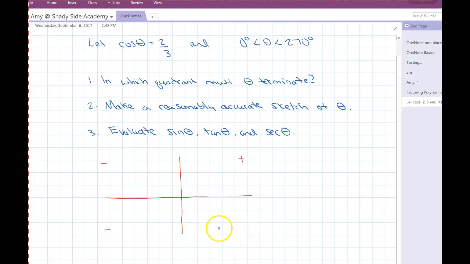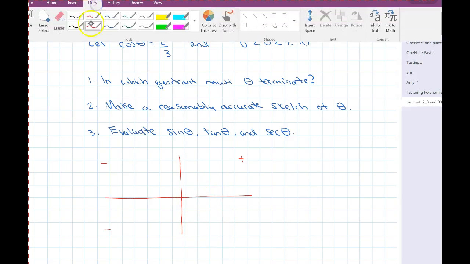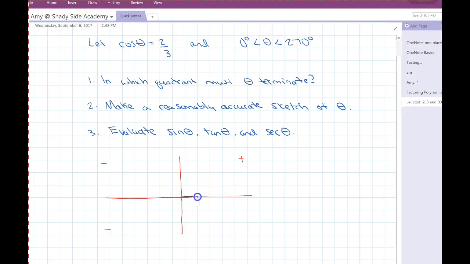But quadrant 4 really isn't my concern because the angle could be between 0 degrees and 270. So if this is the initial side of my angle, I know that as theta opens between 0 and 270, theta cannot be past 270 as per the instructions here.